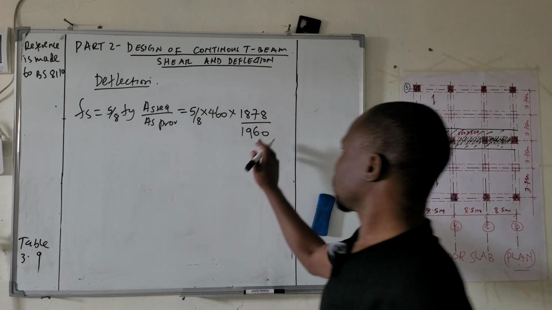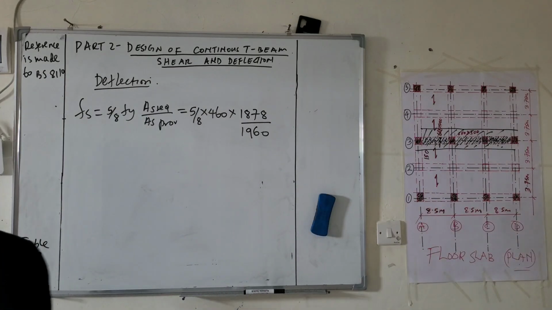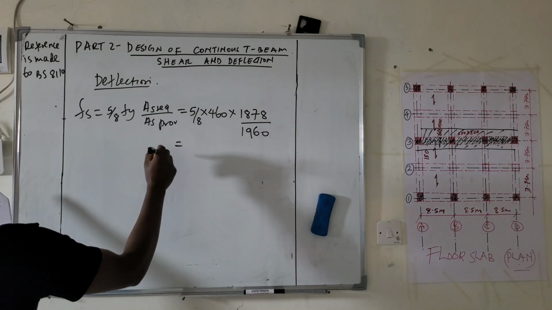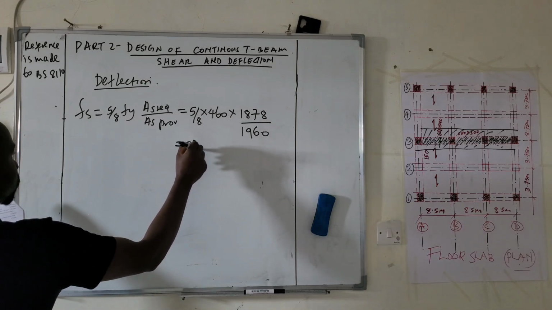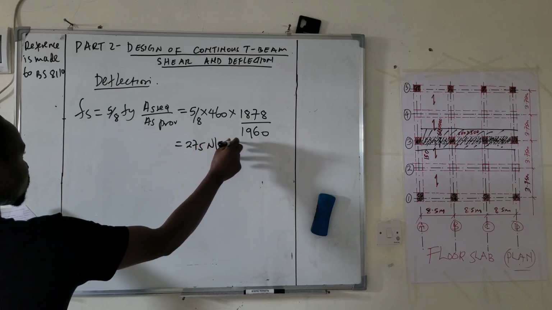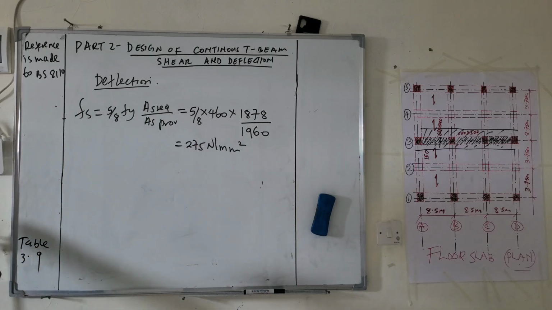So 1878 over 1960, so this one is equal to 275 Newton per millimeter square.